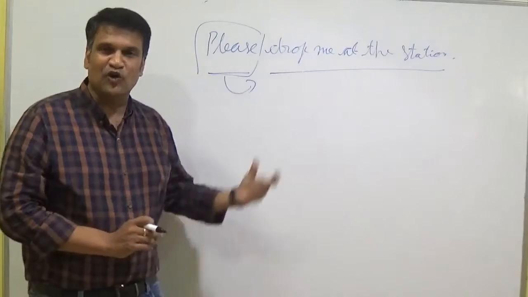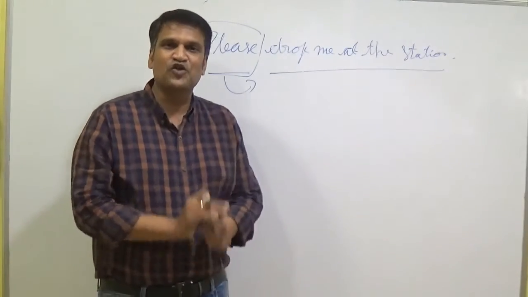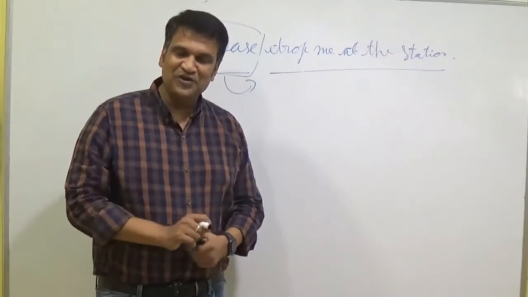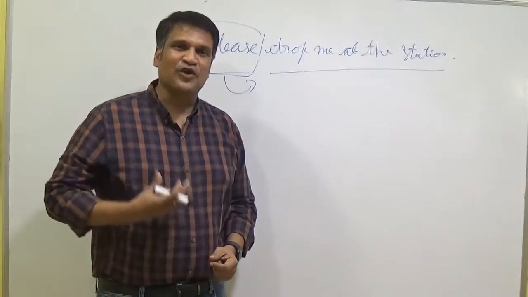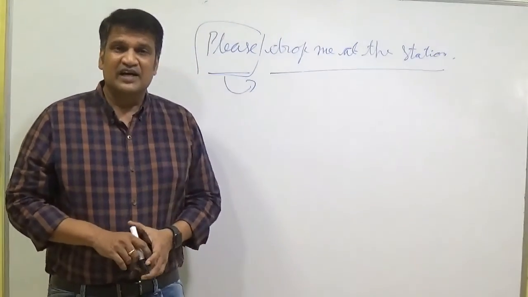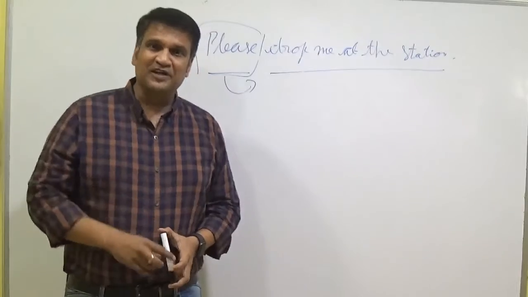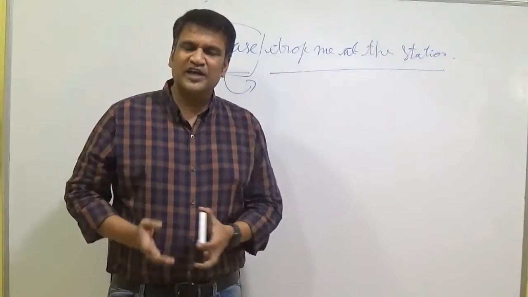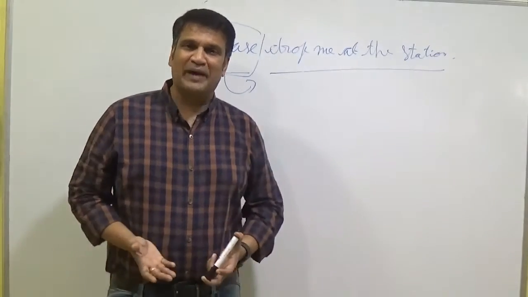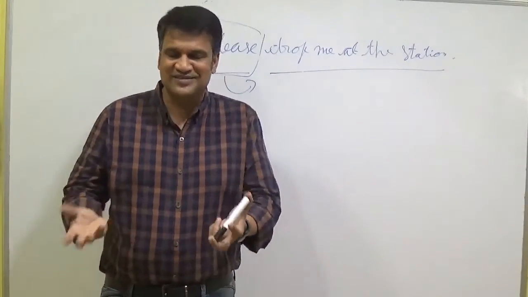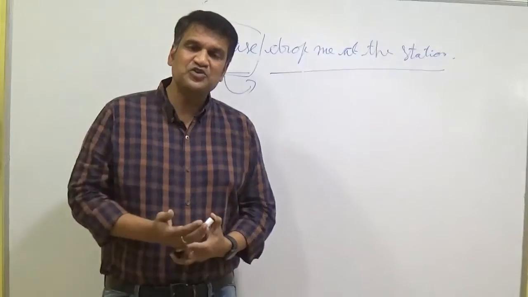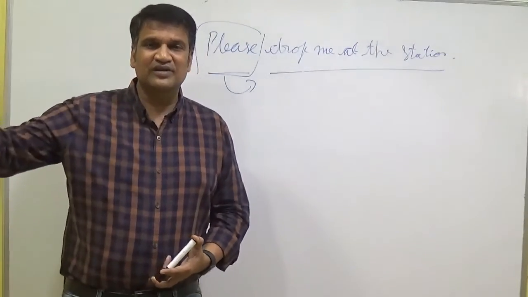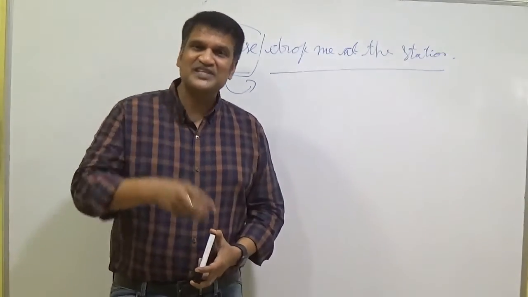We should never call it a request form. It's not at all a request. It's an order. Of course, it has some politeness. Why? Because if you go to a bank manager and you want to request him, so please sanction my loan. Can you make a polite order to the manager of a bank, please sanction me a loan? We need to use another kind of sentence to convince the manager.